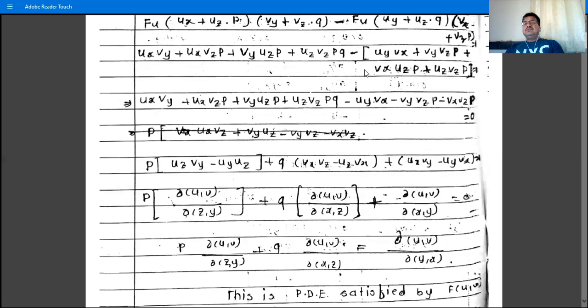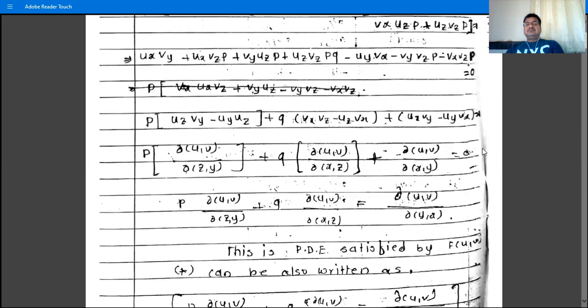So here is q, v_x u_z. Okay, so plus this term, and this term and this term get cancelled, so the remaining terms are u_x v_y minus u_y v_x is equal to 0.